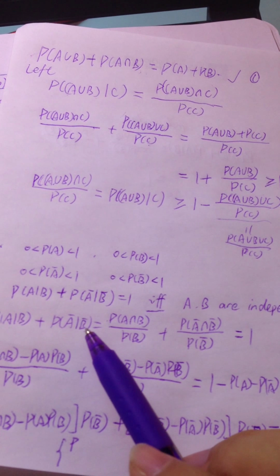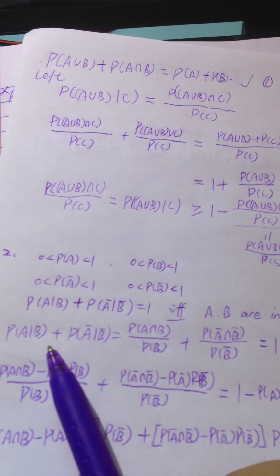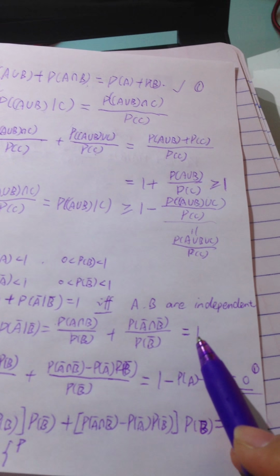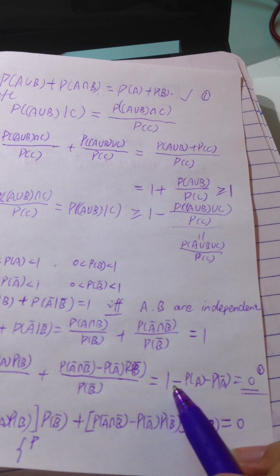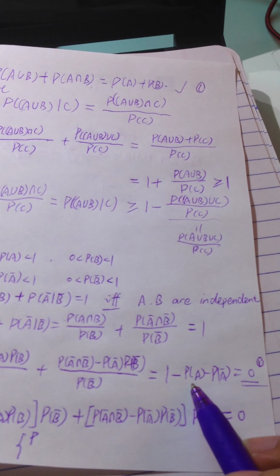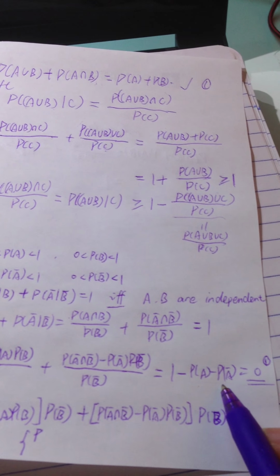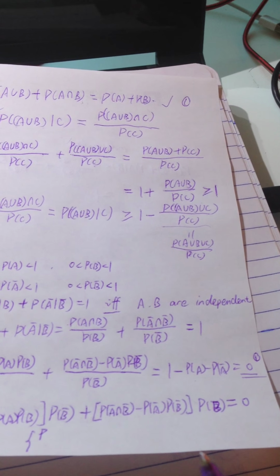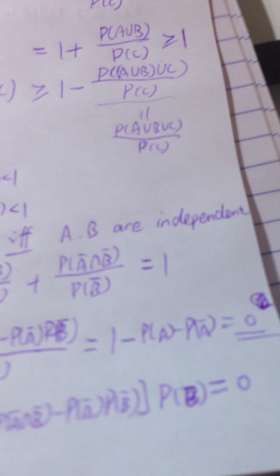To make the left side equal the right side, we have to subtract the same quantity: 1 minus the probability of A minus the probability of A complement. Look what we get. It's 0, right? So let's call it formula 2.